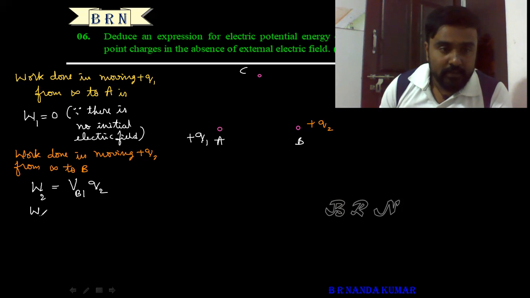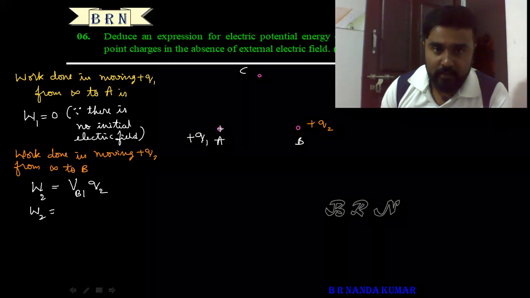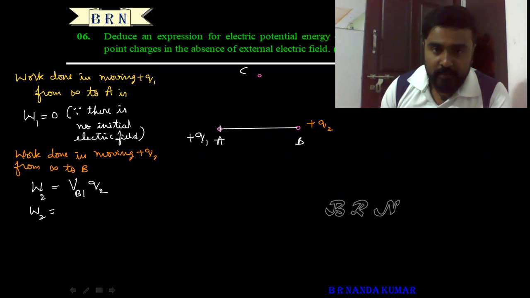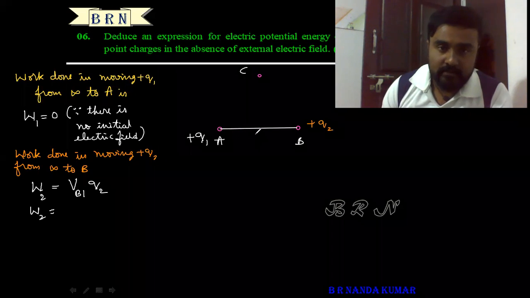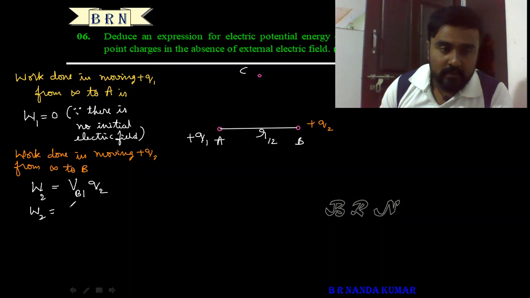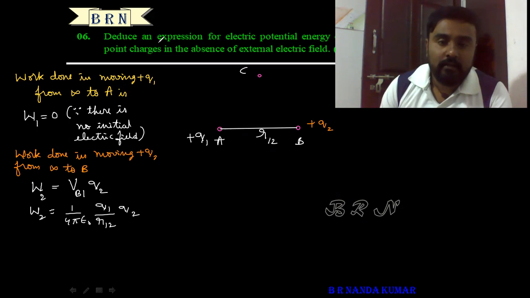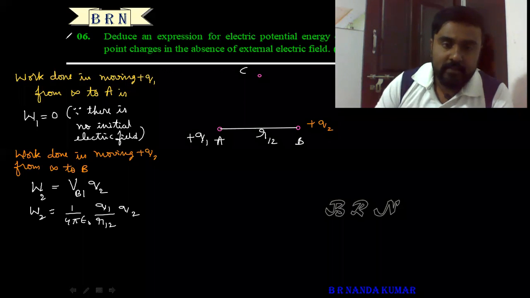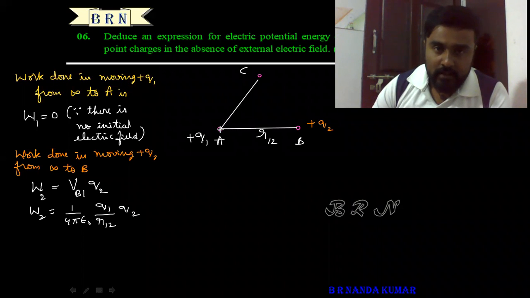So W2 is equal to V_B1, the electric potential at point B due to Q1 charge. The distance from A to B is r12. So V_B1 is 1 divided by 4 pi epsilon naught, Q1 divided by r12, into Q2. We have already discussed this in the previous derivation, right?